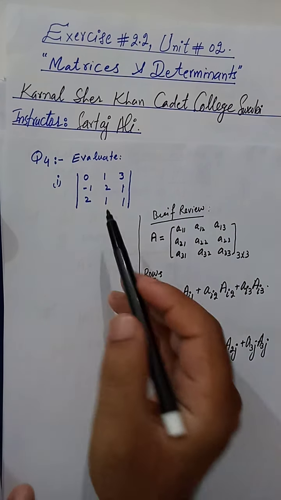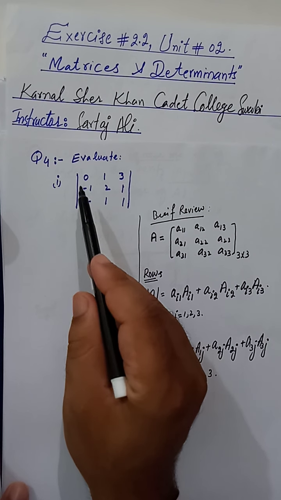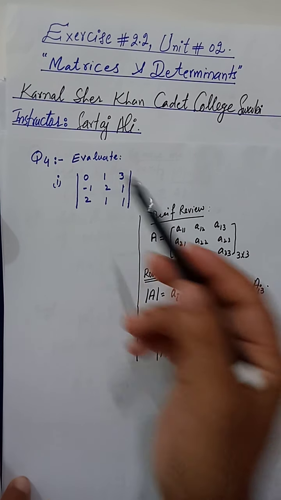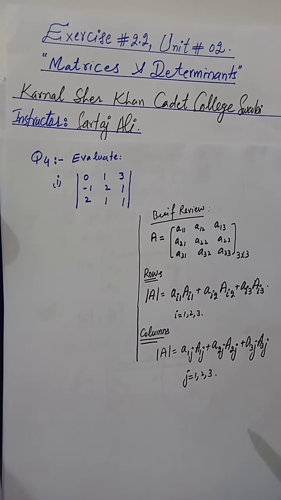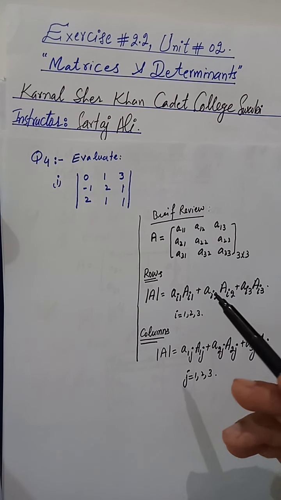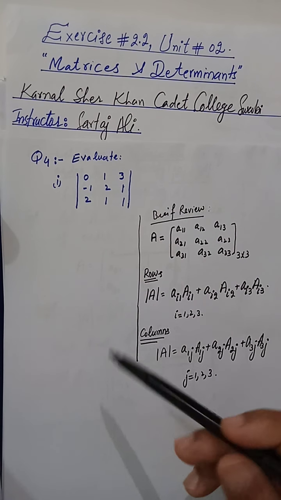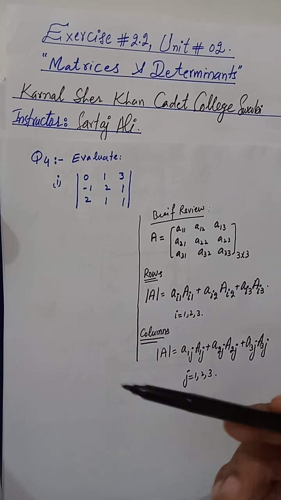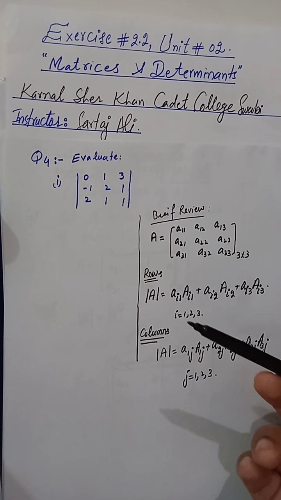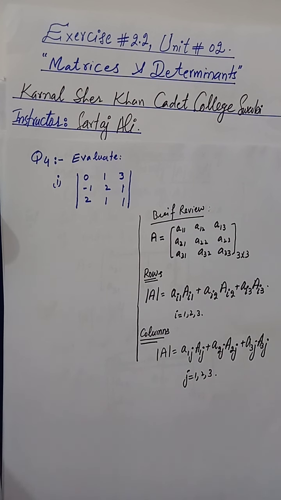In this case you see that the first row and the first column contain a 0. So it is your choice, you can expand it with the first row or first column. If you expand it with the first row, you don't need to find capital A11 because small a11 is 0. So this selection of a row or column with the maximum number of zeros reduces your labor and your calculation.